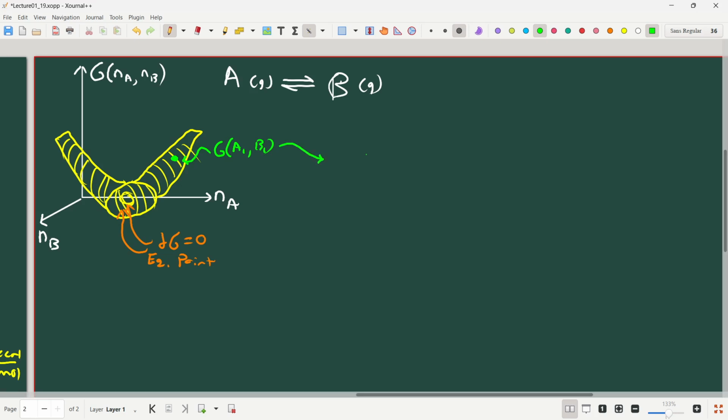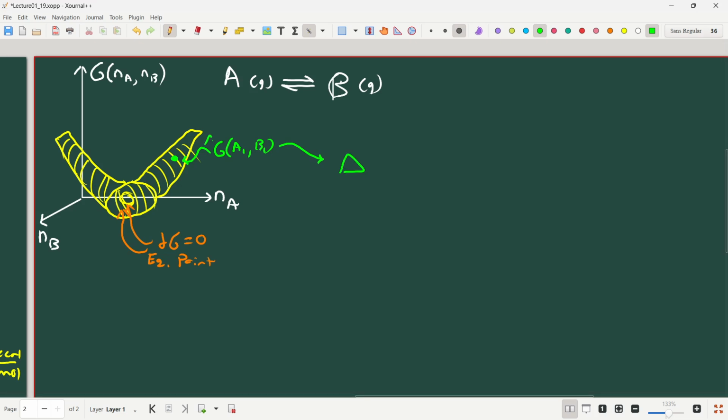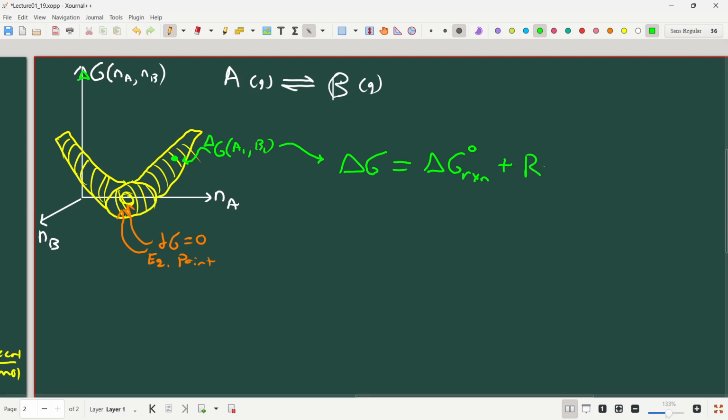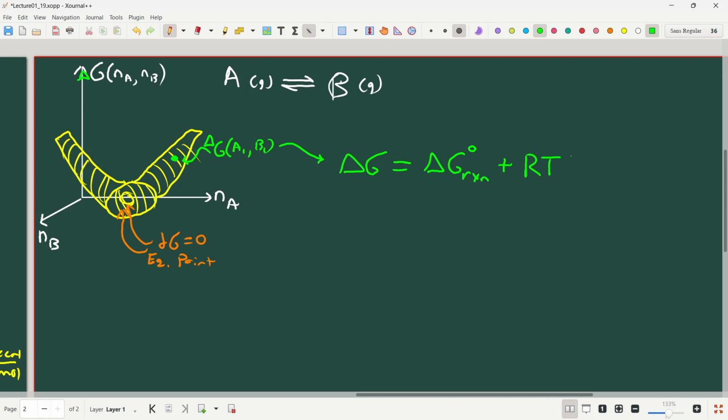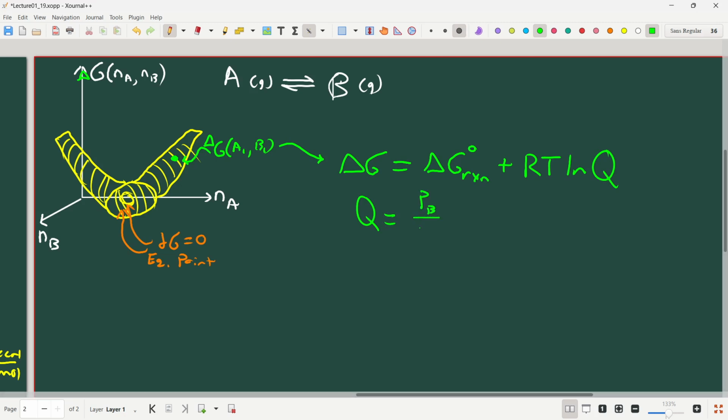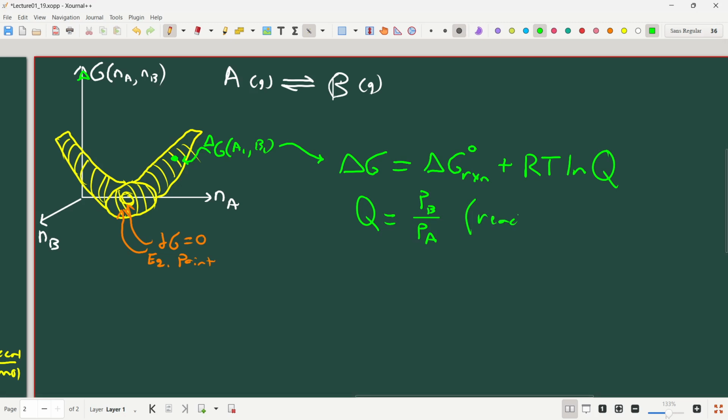And we can always write delta G at this point as equal to the delta G of reaction at room temperature plus RT ln Q, where Q here is the reaction quotient, which is the partial pressure of A over the partial pressure of B, or vice versa.